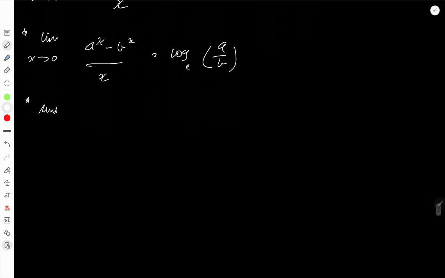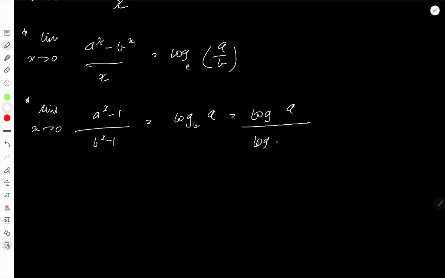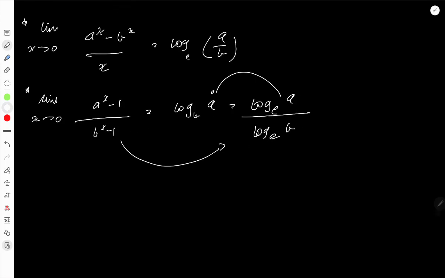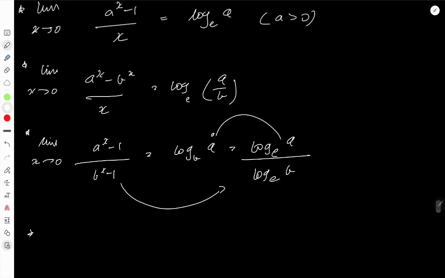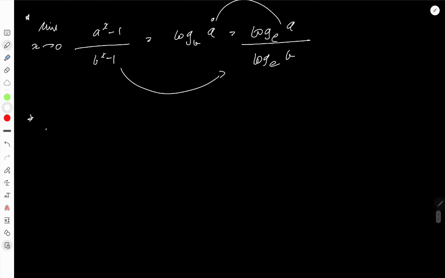Next one, limit x tends to 0 a to the power x minus 1 upon b to the power x minus 1 can be written as log a to the base b, which derives from log a upon log b both to the base e, and this can then be converted into this form. So it's easy, not that hard to prepare this many formulas. Now limit x tends to a of mod of x minus a upon x minus a does not exist.